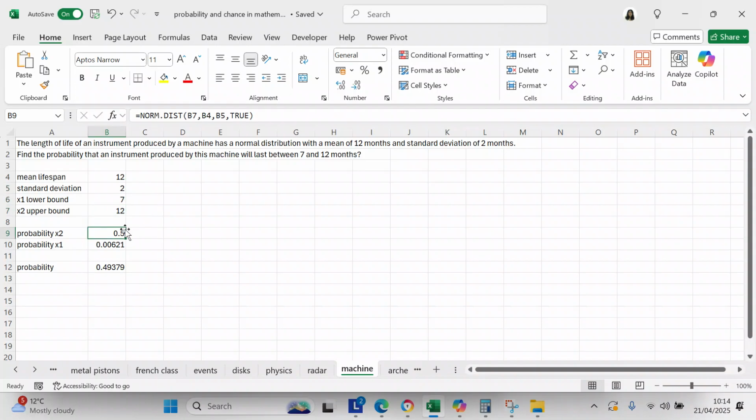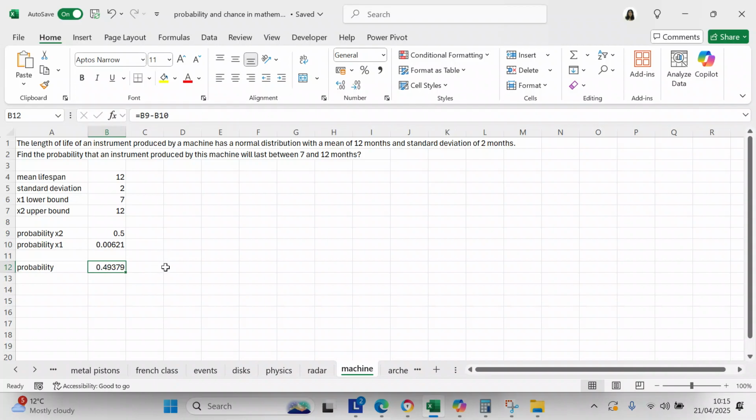So you've got the probability of the upper bound equals norm.dist, brackets B7, B4, B5, true, which is 50%. And you've got the probability of your lower bound equals norm.dist B6, B4, B5, true, which is 0.6%.